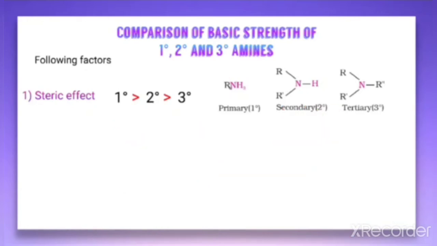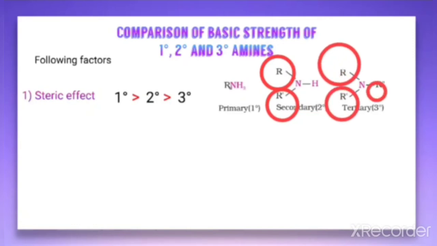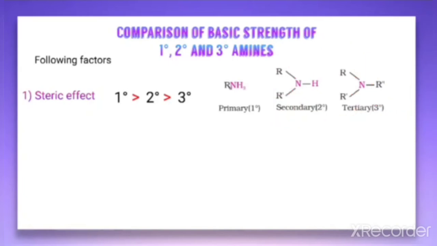So primary will be more reactive than secondary, because in the case of secondary 2 alkyl groups are there, so the secondary will be less, but in the case of a tertiary there are 3 alkyl groups surrounding the nitrogen, that is causing the crowding around the nitrogen. So difficult will be the attack of acid.